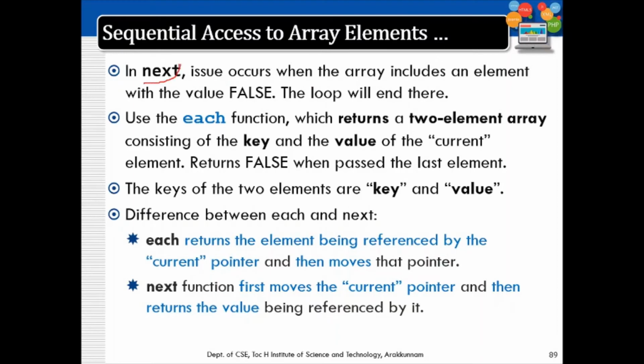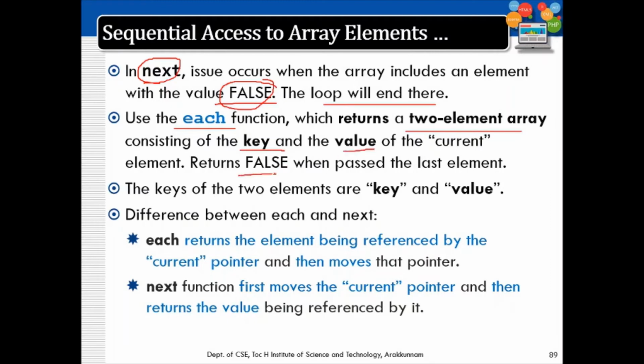One issue occurs when you use next: if it includes an element with the value false, the loop will end there. The problem is that if an element is false, then the loop will stop over there, thinking that the array end is reached. To solve this, we can use the each function, which returns a two-element array consisting of the key and the value of the current element.